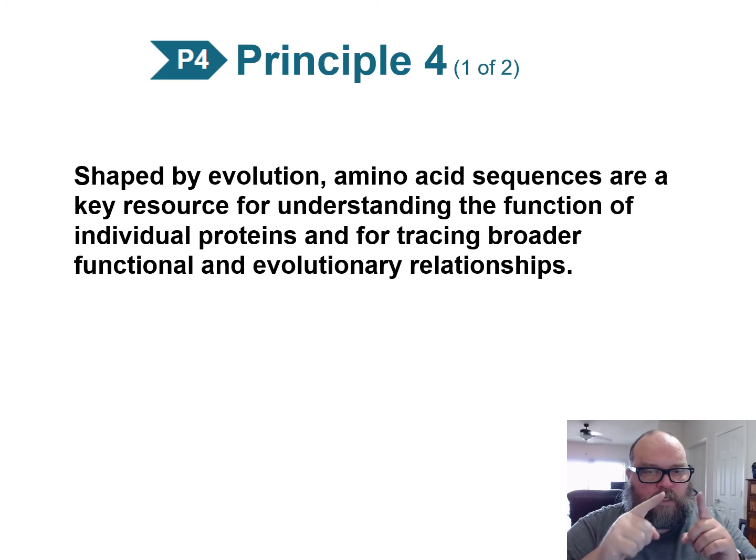We can start to see who is related to whom based on proteins. Who's got the same protein, who doesn't? Are the shapes of the proteins, the amino acid sequences, the same?